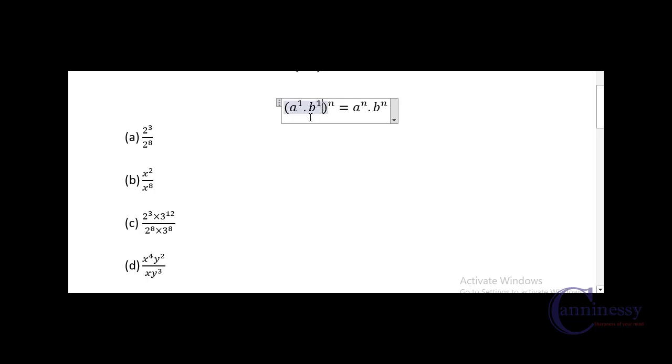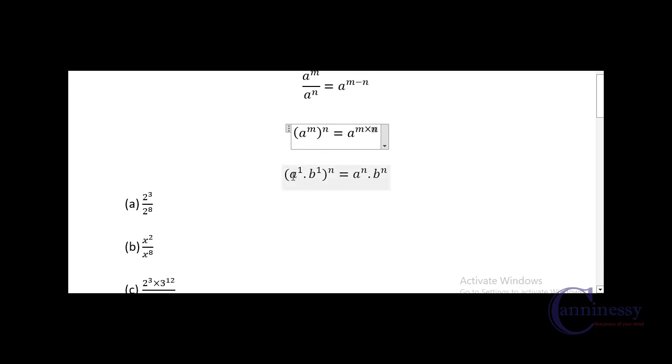What we do here, we only apply the third law. Remember, on the third law we had a to the m all to the exponent n, and we just said a to the exponent m multiplied by n. The same applies here.